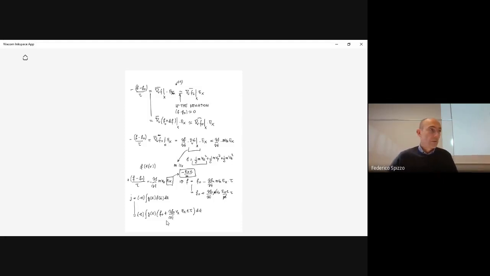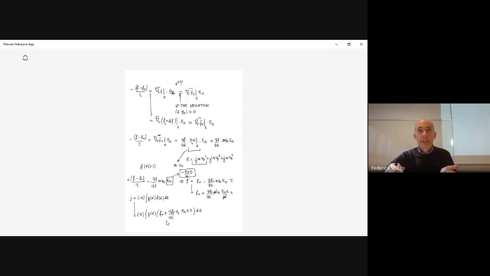So this is now the full expression of the F function. So we have the equilibrium contribution plus the deviation from equilibrium. Please consider that at this point you may split the integral into two parts. One part with F0, the other part with the deviation from equilibrium.